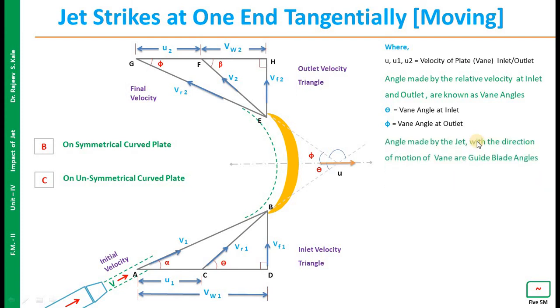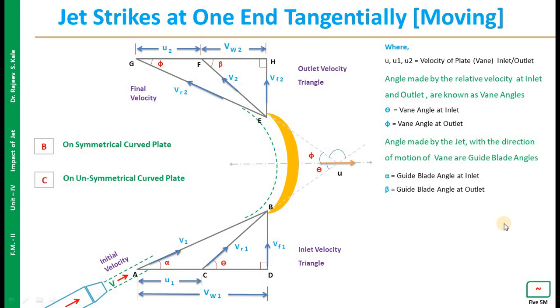Similarly, the angle made by the jet with the direction of motion of the vane is known as the guide blade angle. So the velocity components making an inclination alpha and beta, alpha and beta are known as guide blade angles.